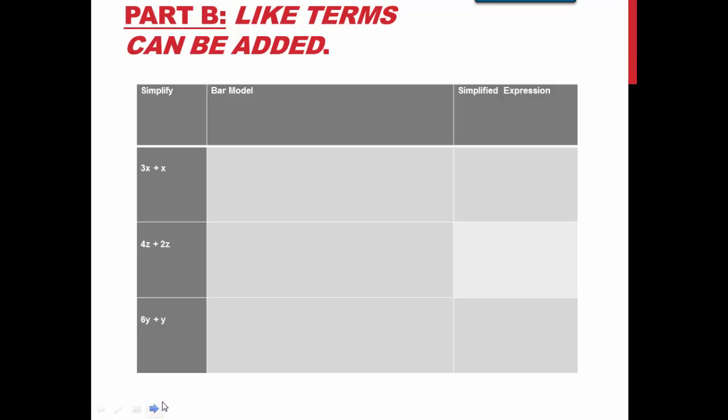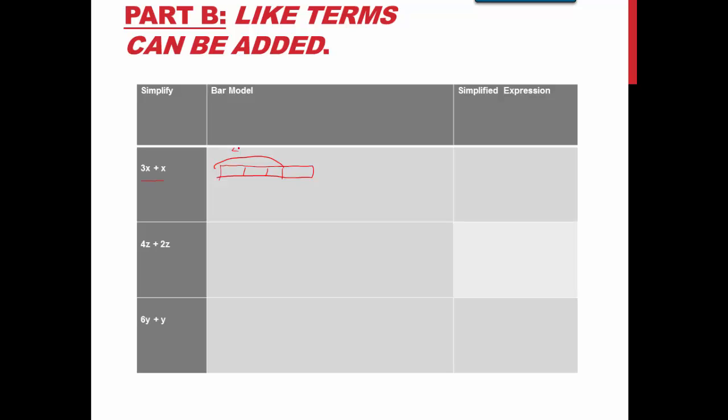Like terms can be added. We're going to draw a bar model to show what each one of these algebraic expressions is. We have a bar model, and the first one has 3 in it.